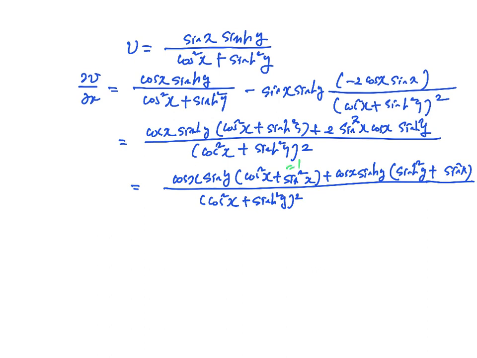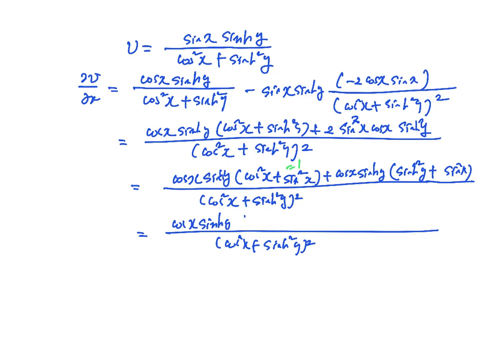So we have cosine square x plus sine hyperbolic square x plus cosine x sine hyperbolic y, 1 plus sine square x plus sine square y.